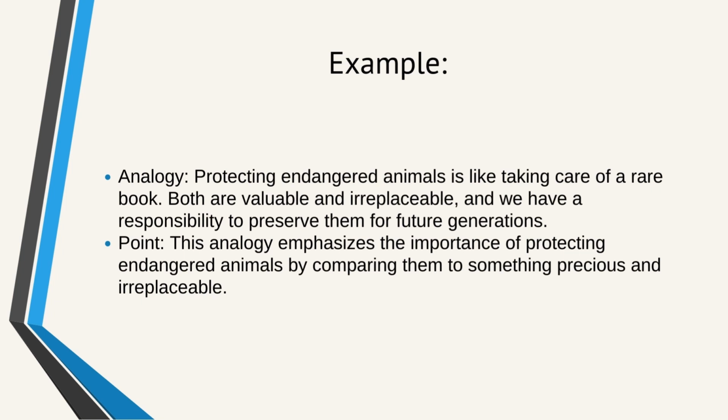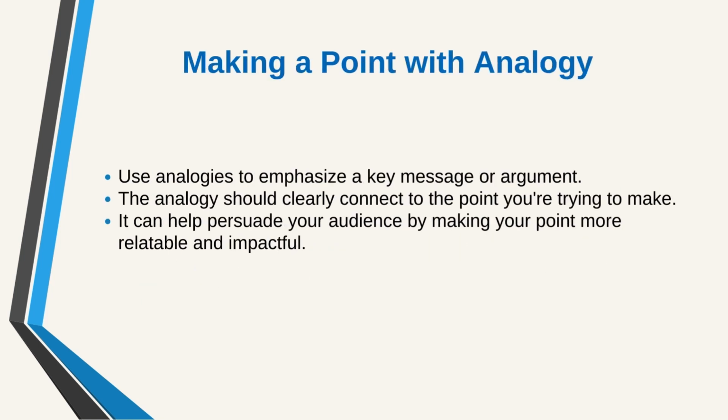Both are valuable and irreplaceable, and we have a responsibility to preserve them for future generations. The point is, this analogy emphasizes the importance of protecting endangered animals by comparing them to something precious and irreplaceable.